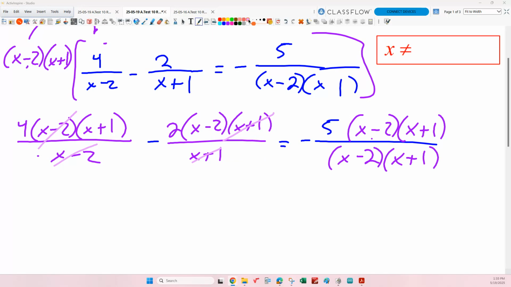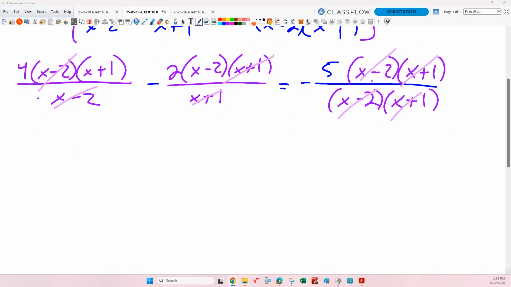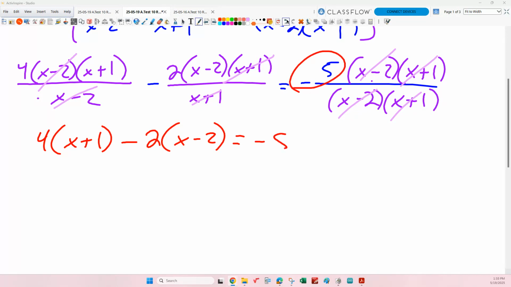Everything. Yeah, both those factors cancel, don't they? Okay, so what's that leave us with then? When all the dust settles, I get 4 times (x plus 1) minus 2 times (x minus 2) equals negative 5, right?